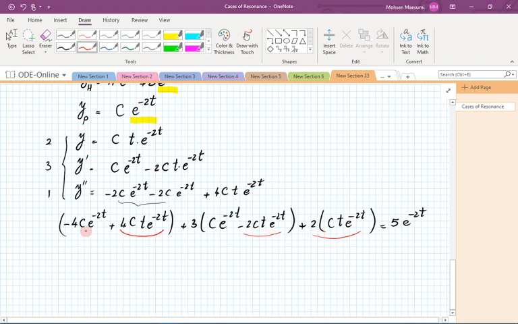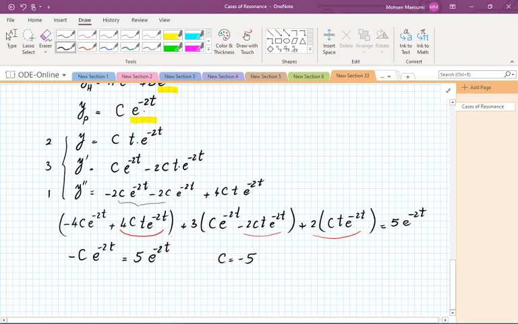All I have left is this term and that term. So when you simplify, it becomes minus 4c plus 3c. The whole thing boils down to minus c. And on the right hand side I have exponential of minus 2t. So obviously my c has to be minus 5.